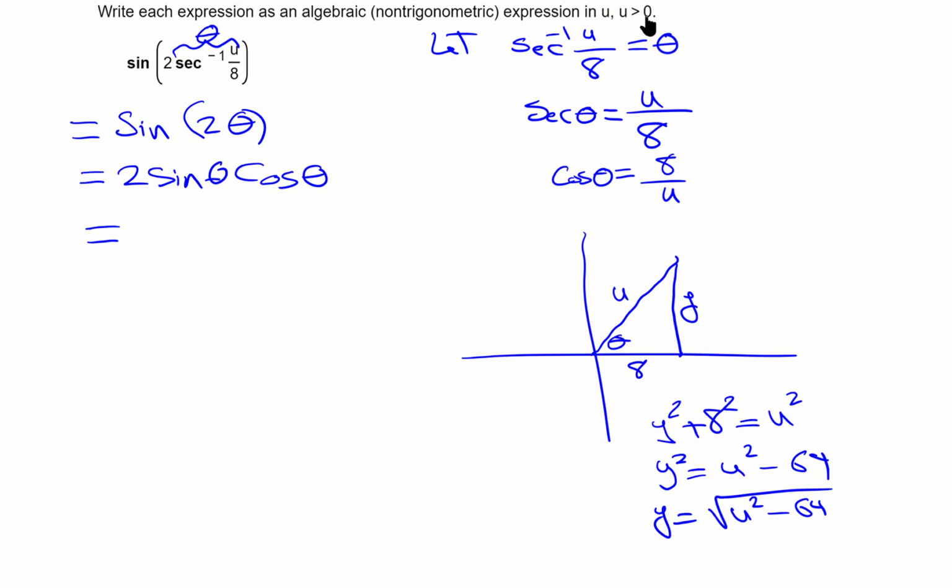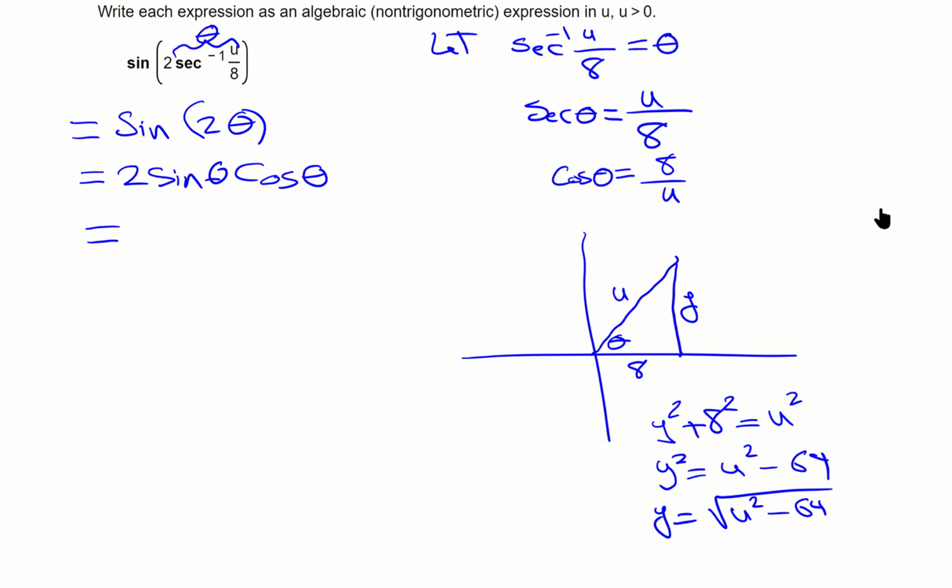Given the fact that u is positive, we know that u over 8 will also be positive. So we're looking for an angle whose secant is a positive number. Because inverse secant is going to be looking between 0 and pi, we know that's going to have to be in here. So that's why we only take the positive square root of u squared minus 64.